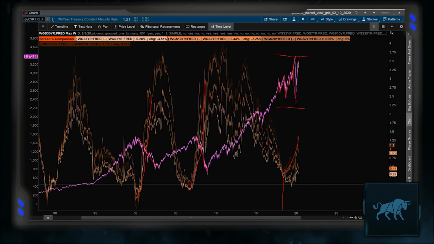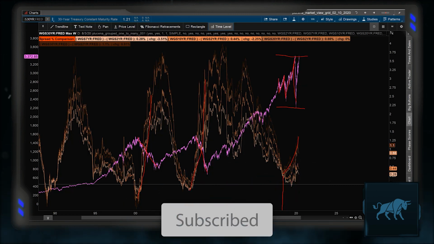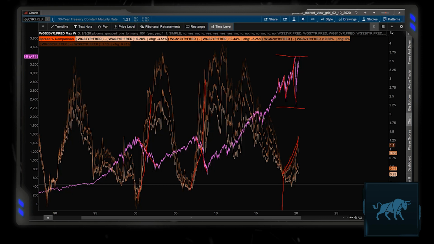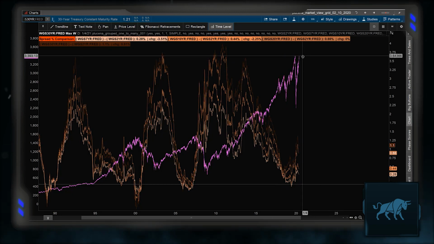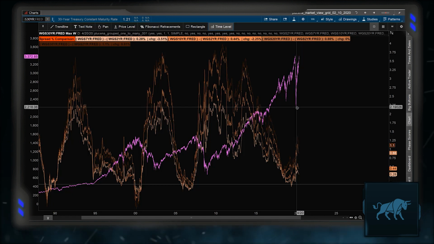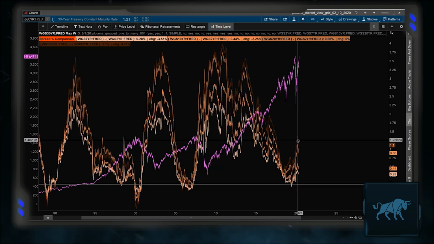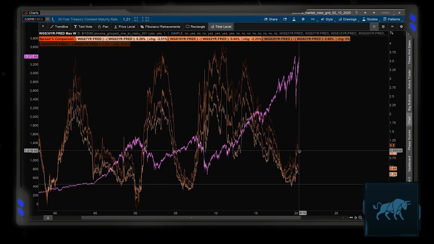I think we could see that there's a clear distinction between the movement of SPX since this shift occurred and the movement of the SPX prior to that. So we're kind of at a crossroads right now. The market had a ginormous rally. Spreads are rising. Yeah, sure, the spreads are taking a dip right now.